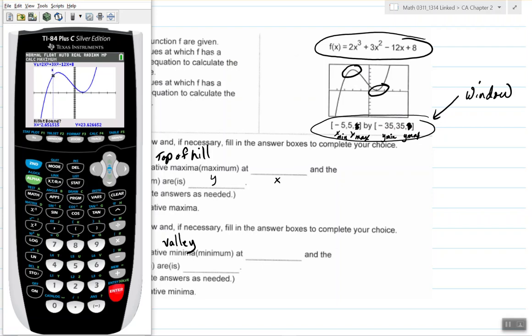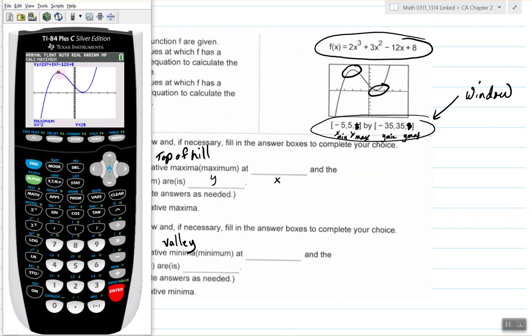Hit enter. Now use the right arrow key till you're on the other side of the maximum and hit enter. You can see that you have marked it on the left and marked it on the right. It's as if you have made the maximum a sandwich. Now, it gives you the opportunity to guess, which is kind of silly, but we'll just hit enter again.